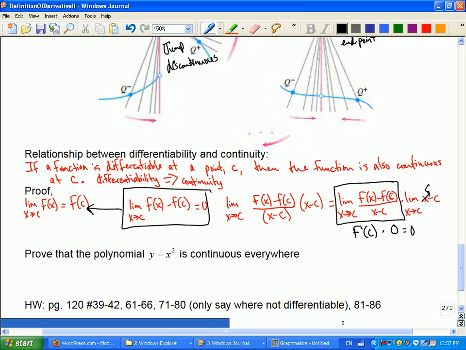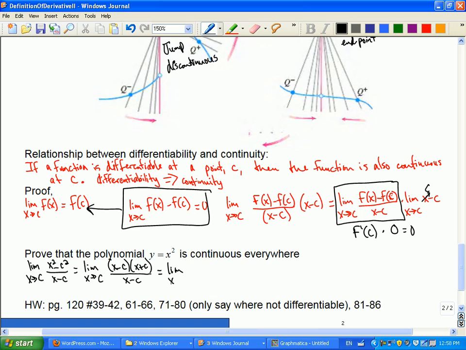So if you want to prove that this polynomial is continuous everywhere, all we'd have to show is that it's differentiable. I'll torture you just another minute longer here. We'll take this definition, factor it, x minus c, x plus c, over x minus c.